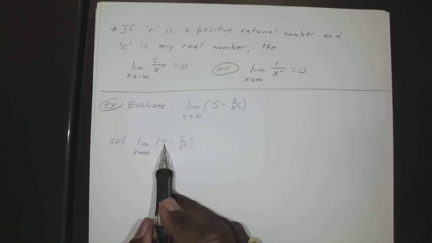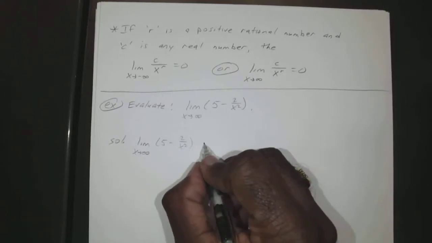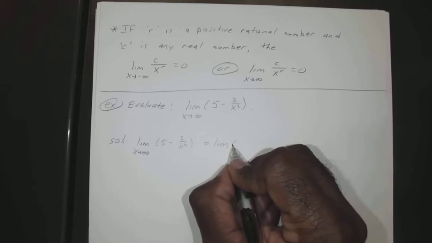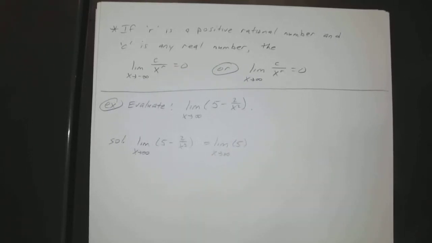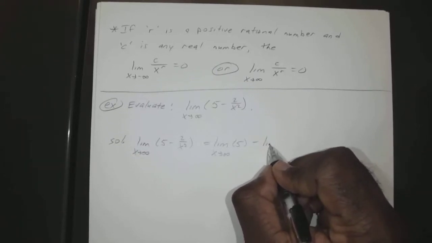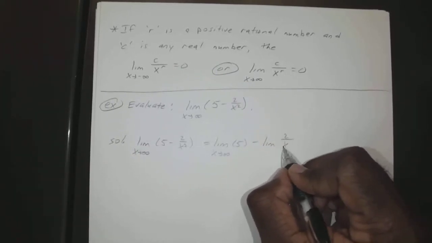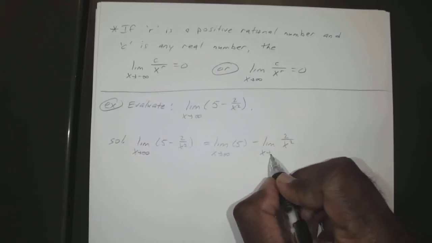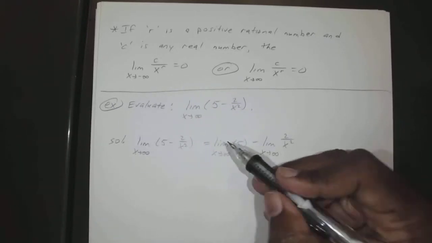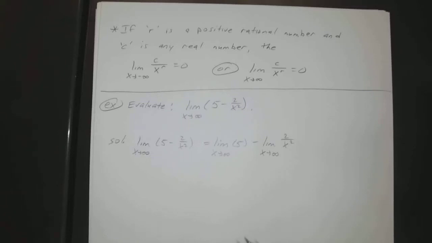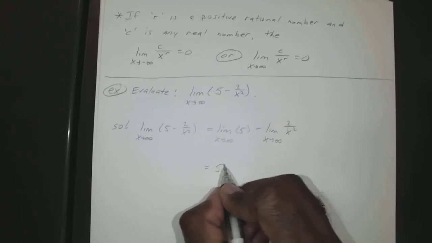We can just go ahead and distribute that to both terms. So you have the limit of 5 as x approaches infinity minus the limit of 2 over x squared as x approaches infinity. We know the limit of a constant is just a constant, so that stays as 5.